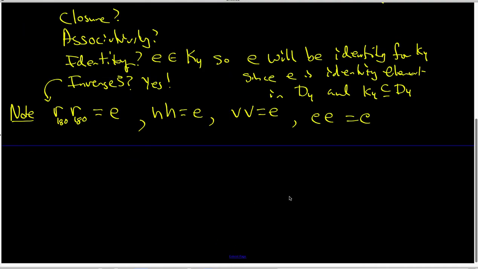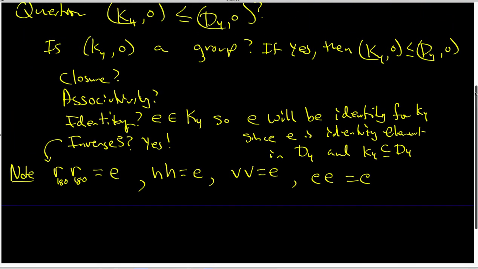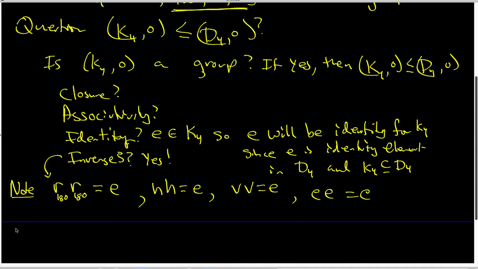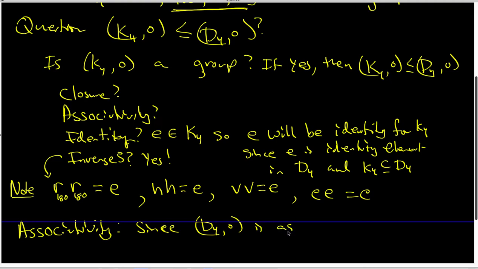And I want to think a little bit about associativity as well. And it turns out that associativity is not an issue, since D4 under composition is associative, so K4 under composition must be associative.